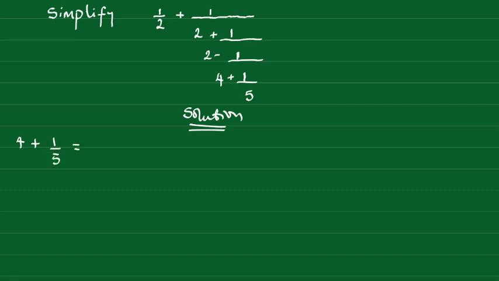And in solving this, we make 5 our LCM. Now, we note the fact that 4 carries an imaginary 1 at the bottom. So that 1 divides 5. It gives us 5. 5 times 4 gives us 20.